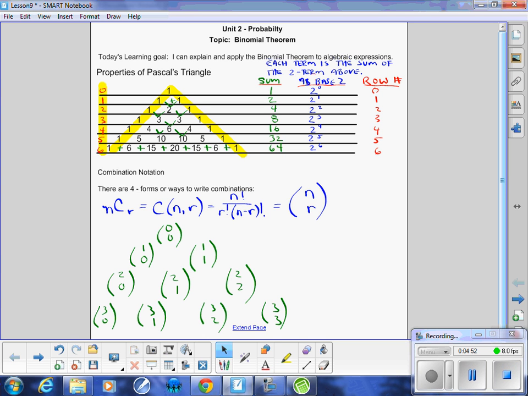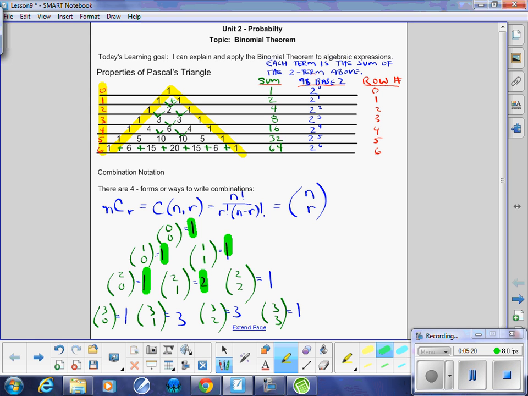I'll save you some time: 0 choose 0 is 1. 1 choose 0 is 1. 1 choose 1 is 1. 2 choose 0 is 1. 2 choose 1 is 2, 2 choose 2 is 1, 3 choose 0 is 1, 3, 3, and 1.